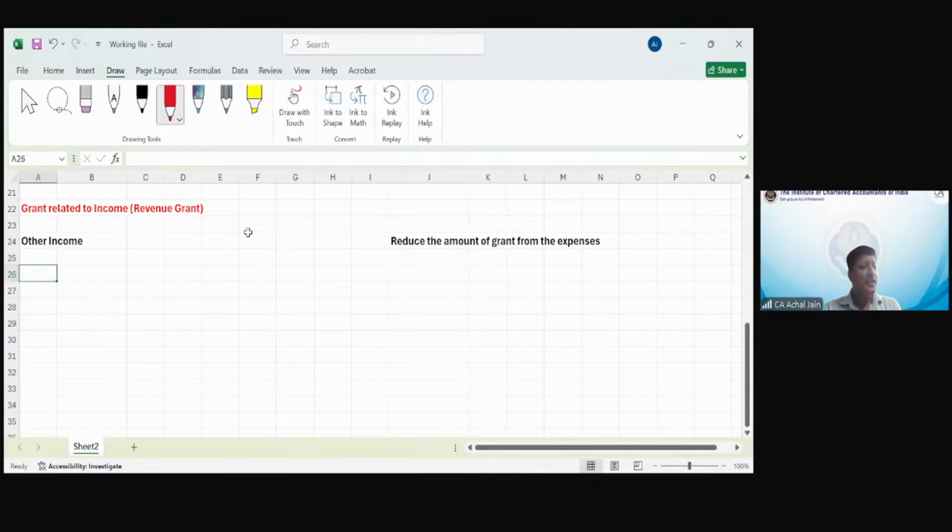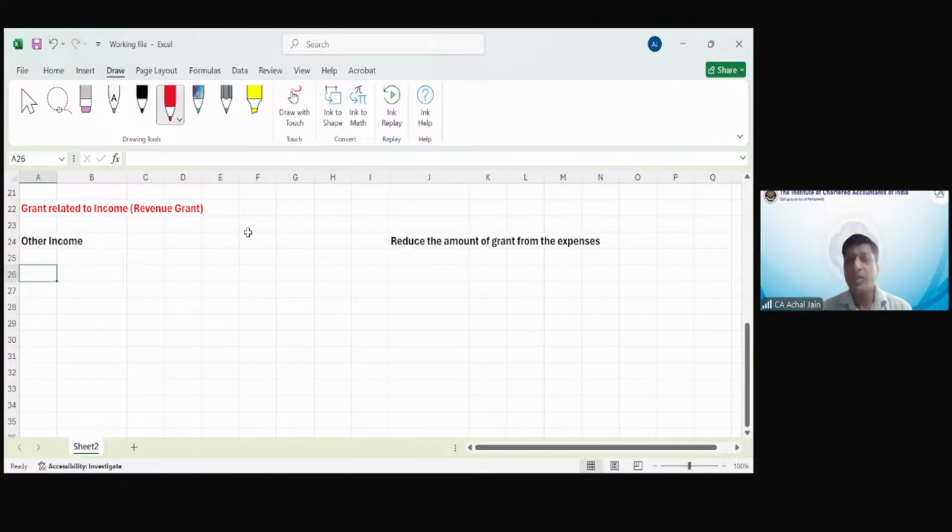Here again, if you talk about a revenue grant, a question may arise: sir, what is the revenue grant? How is it different from asset grant? See, any grant that you receive which is not in relation to an asset. For example, say the government has a scheme: if the entity will recruit, say, 100 new employees over the next 3 years, then the government will pay a grant of rupees 50 lakhs.